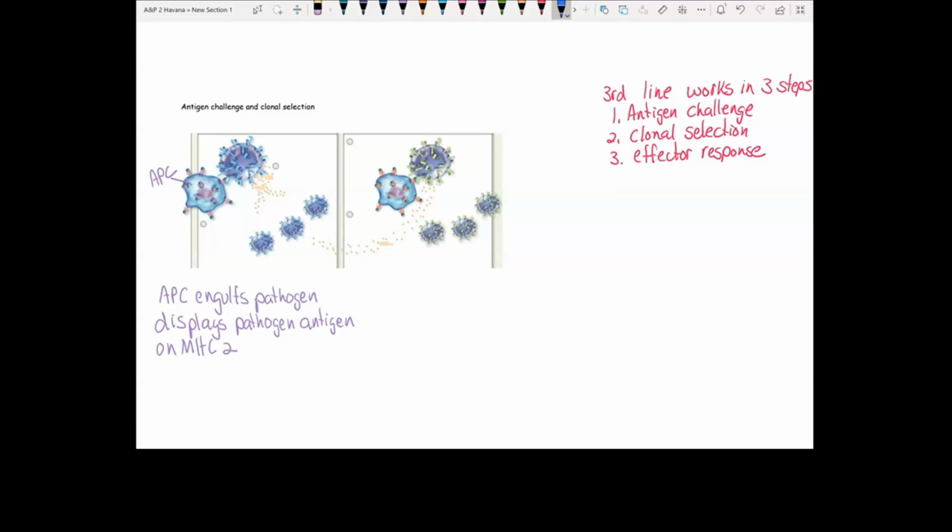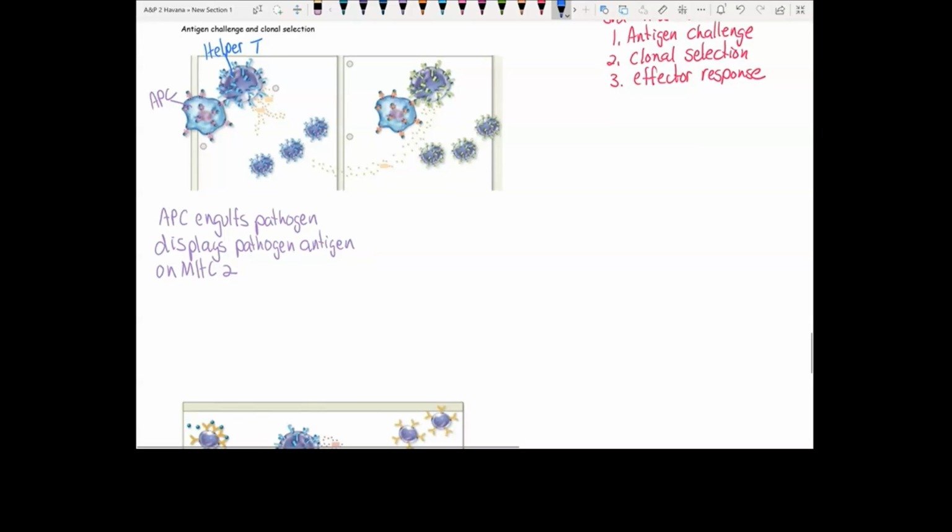Then we have our helper T. So the antigen presenting cell will go up to a helper T. The helper T, CD4, binds the antigen presenting cell's MHC2. Then the TCR inspects the antigen. This is a trial and error process.